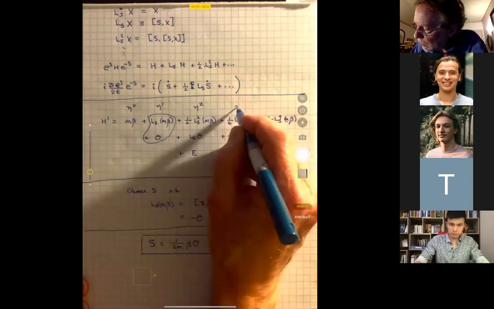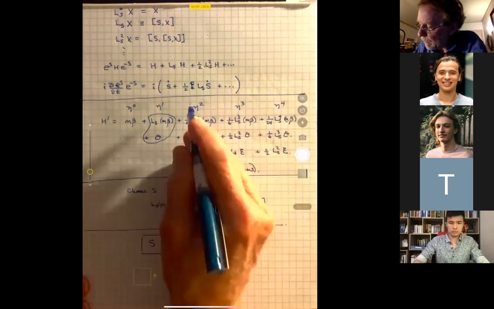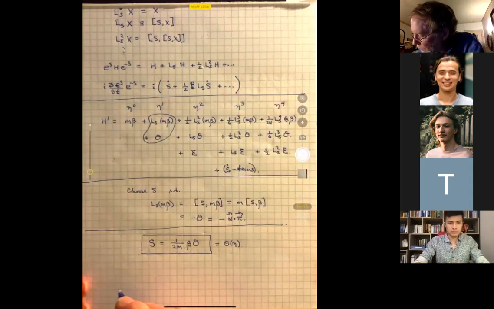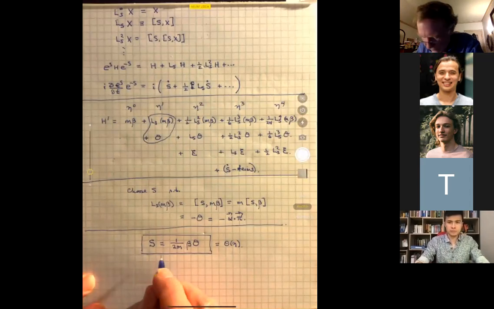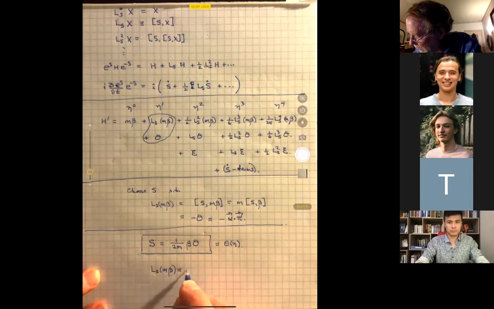Eta squared, eta cubed, and eta to the 4th, if I list all the columns here, the various terms of this expansion. All right. So it is straightforward to check that this S actually satisfies the equation we want. LS acting on M beta is equal to minus O.